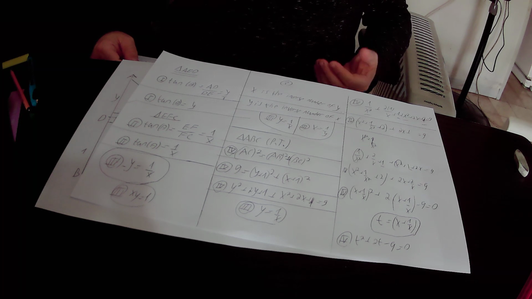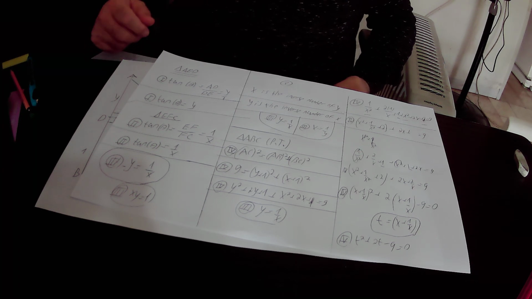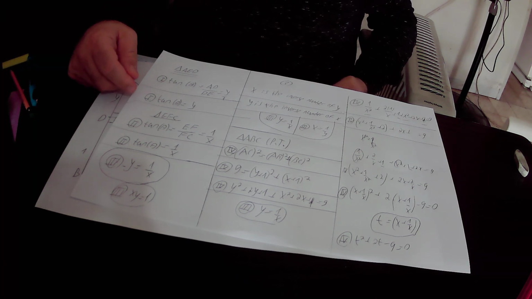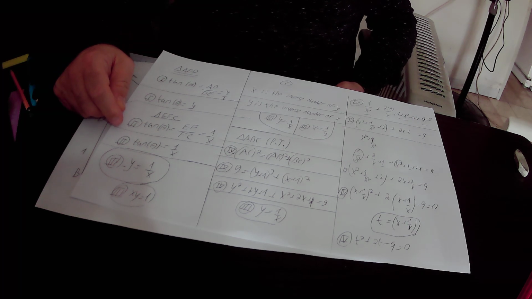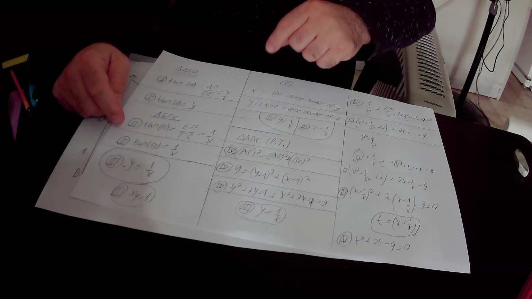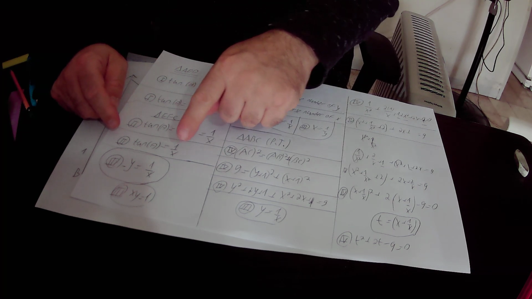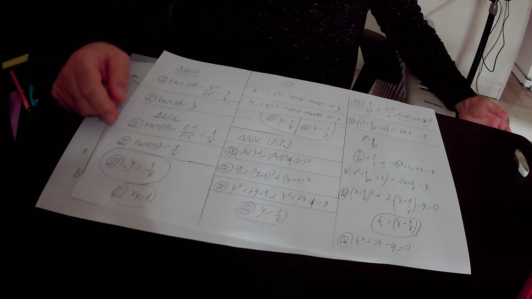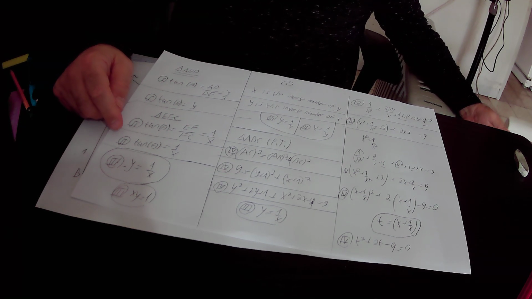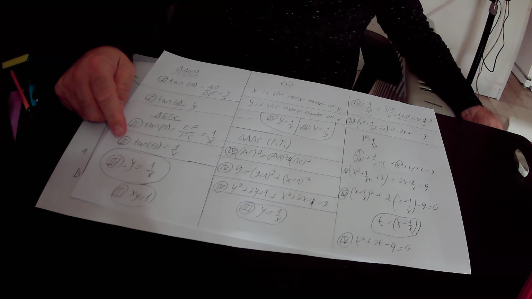Then we created equation number 3 that states that tangent theta according to equation number 1 must be equal to tangent theta according to equation number 2. Tangent theta according to equation number 1 is y, and it must be equal to tangent theta according to equation number 2, that is 1 over x. So in conclusion, we found out that according to equation number 3, y equals 1 over x.